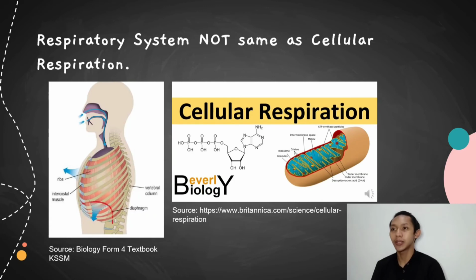Okay, actually, the respiratory system is not the same as cellular respiration. The respiratory system is the breathing mechanism of the human body, and cellular respiration is a process of a cell to make energy. The student usually gets confused because the words respiratory system and cellular respiration are almost the same.